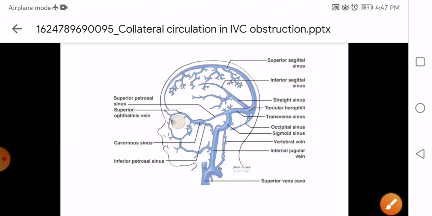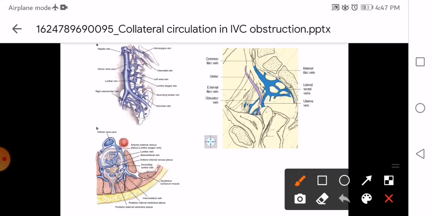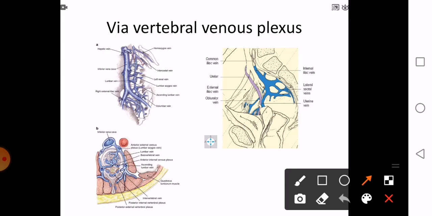Now this point has got a special significance. If you look closely, these are the lateral sacral veins and these are the lumbar veins. Both are communicating with the vertebral venous plexus, and via that it is communicating with the cranial sinuses.